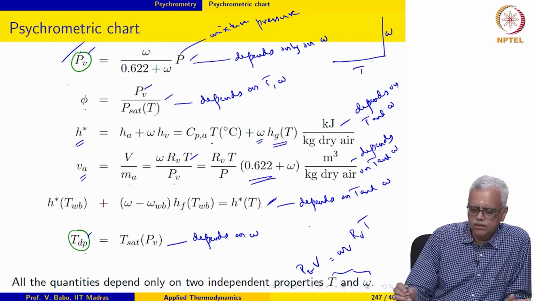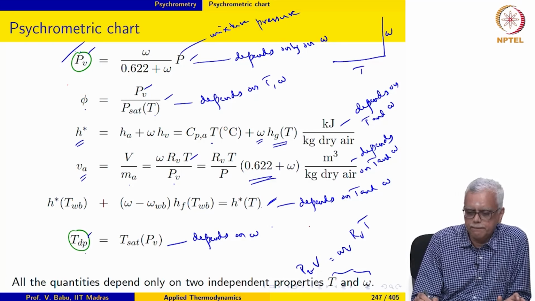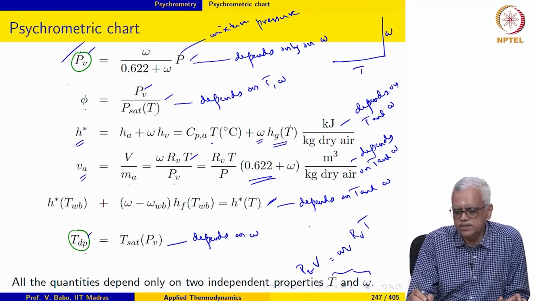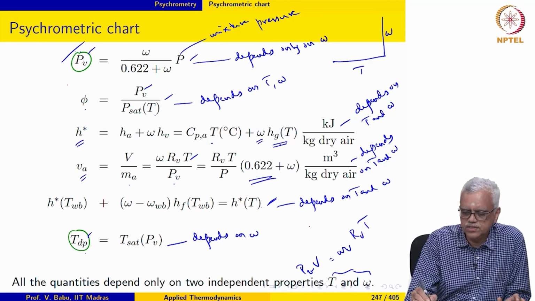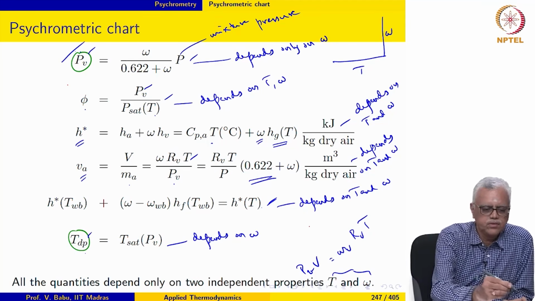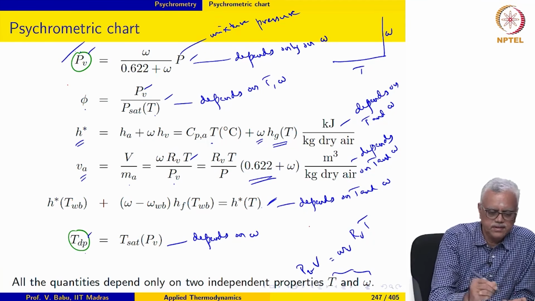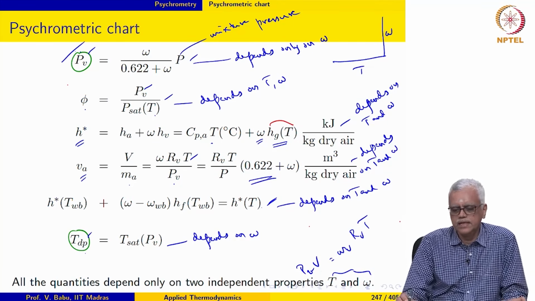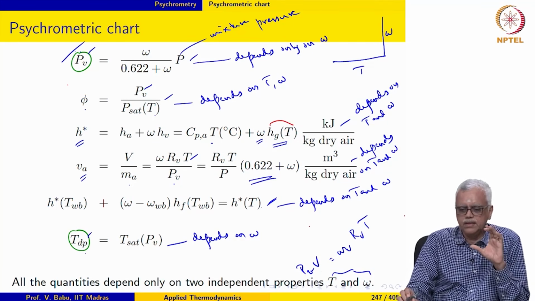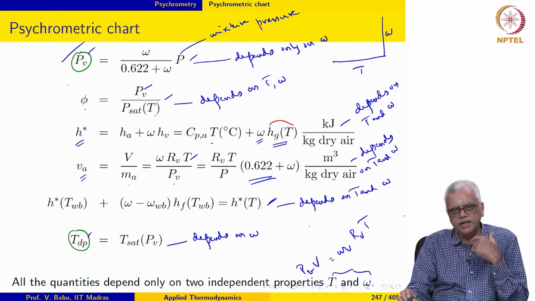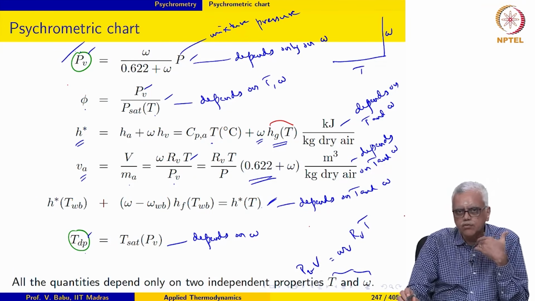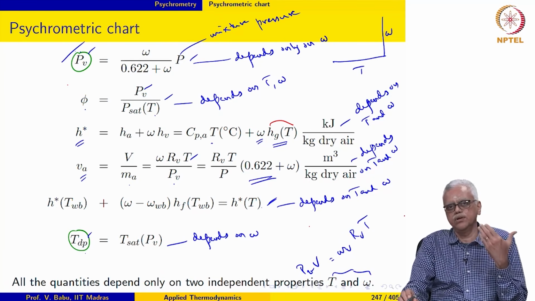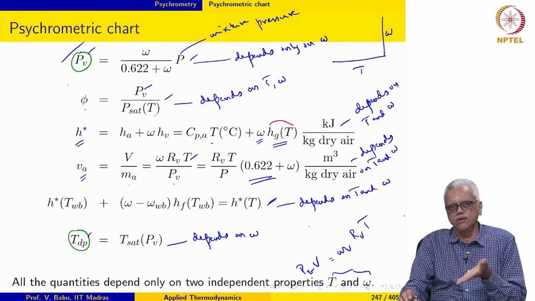Now, H star, as you can see, the quantity whose dependence on temperature we do not really know is this Hg. So, let us see Hg. Now, if you actually go to the property tables, let us say steam tables, and look at the range of temperatures that we are likely to encounter in psychrometric applications, we already mentioned that.